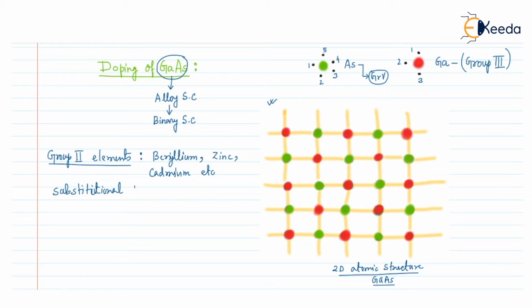That is, the group 2 elements, beryllium, zinc, cadmium, will replace the group 3 element, that is gallium. That means group 2 elements will replace the gallium atoms inside the structure, and they will become acceptor impurities.